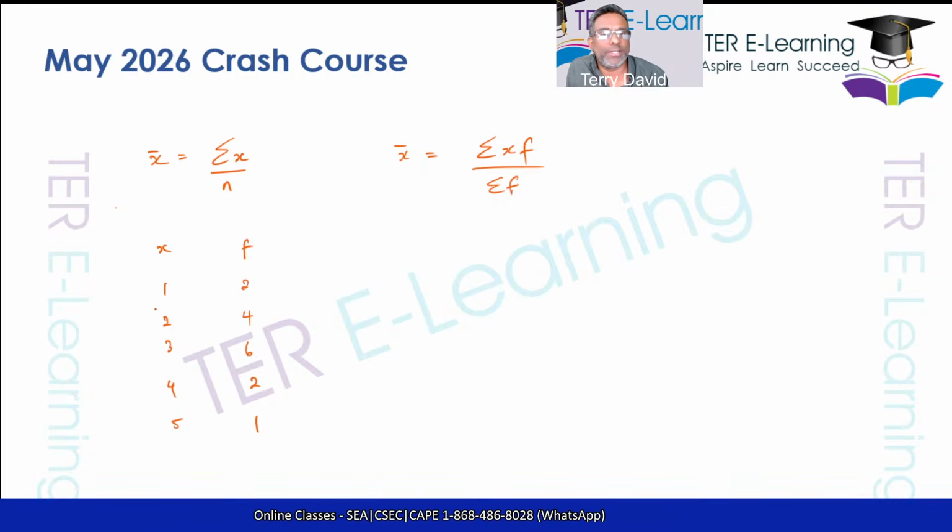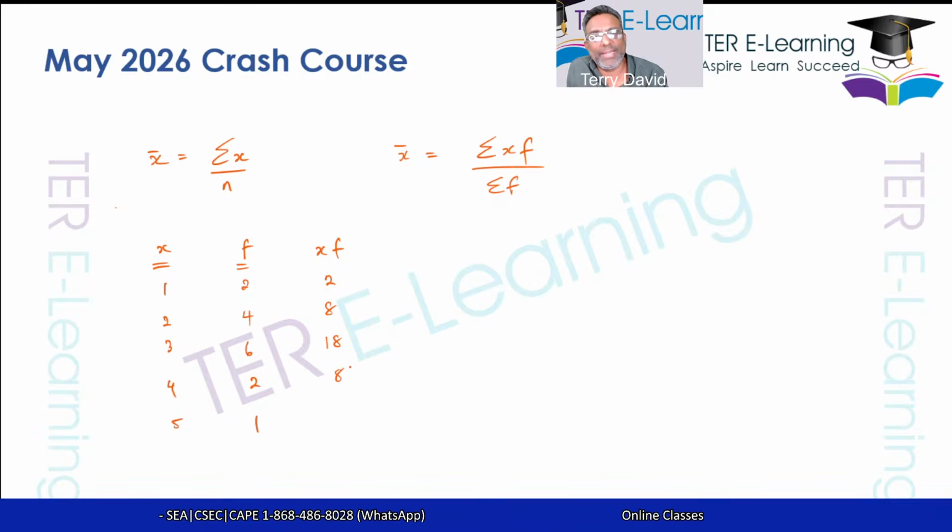This represents the number of subjects passed by students. I can calculate the mean by creating a new column called the XF column. I take each variable and multiply: 1 by 1 is 1, 4 2s are 8, 6 3s are 18, 4 4s are 16, and so on. Then I can work out my sigma f and my sigma xf. I'll use this formula if I want to calculate mean.